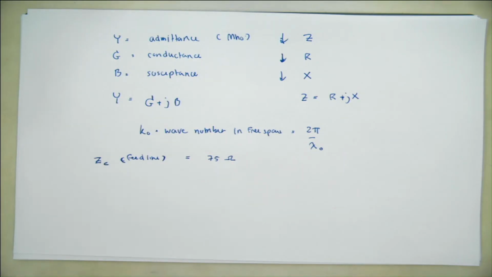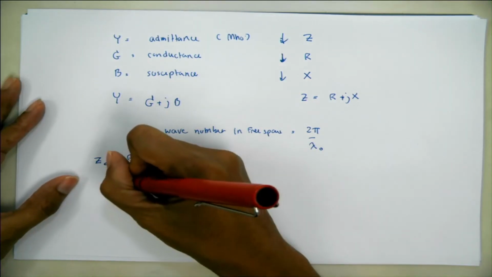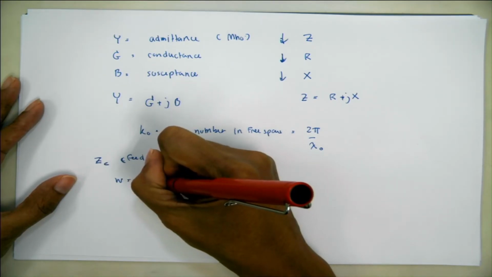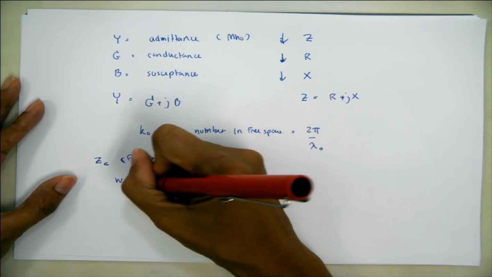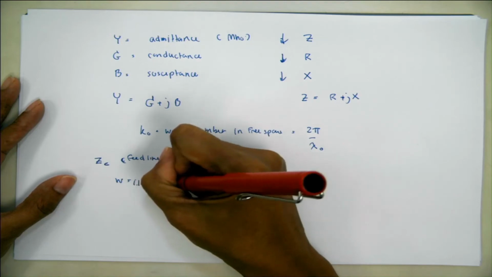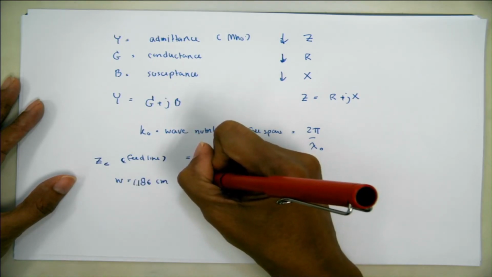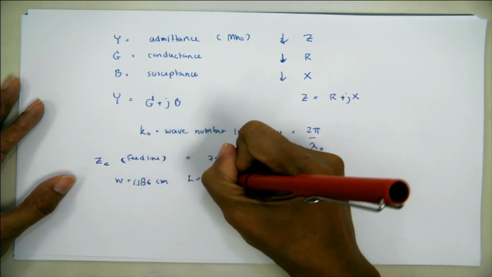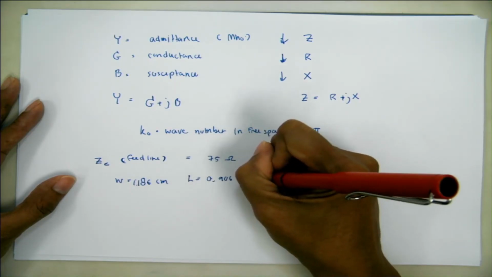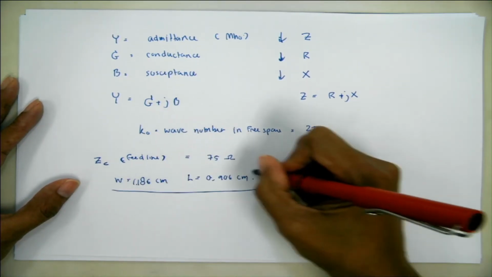Earlier in our examples, we found that our W is 1.186 centimeters and our L is 0.906 centimeters.